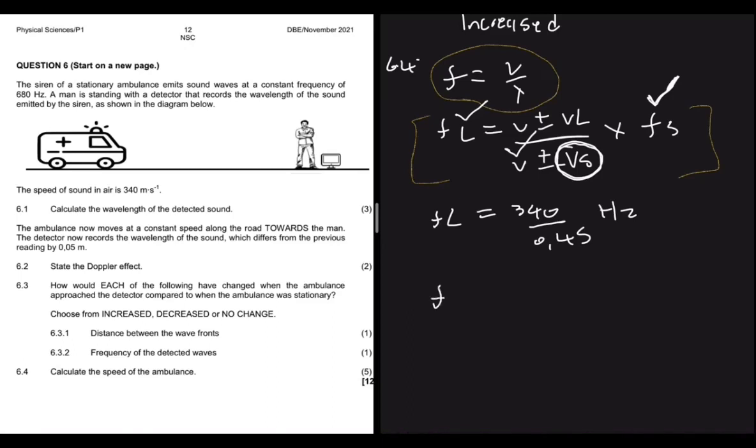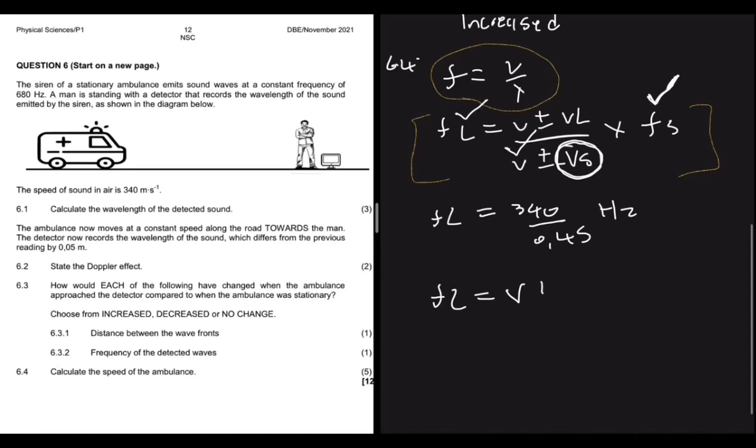So now we have the frequency of the listener equals, this is the speed of sound in air, and the listener is stationary, so we're going to have plus or minus 0, right? And then divided by the speed of sound in air again, V, and then the source is moving towards.